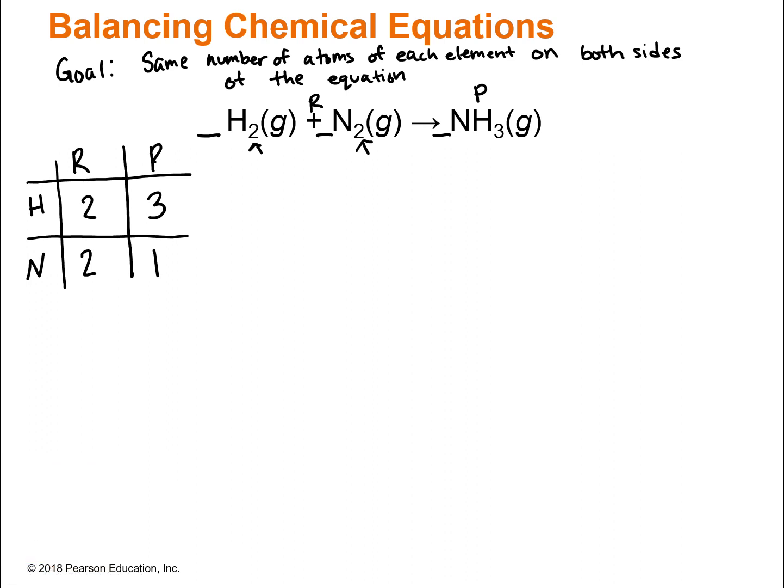We have to use the lowest common denominators so that we can multiply and get the same number of atoms on each side. So the lowest common denominator between 2 and 3 is going to be 6. That's the smallest number that you can use and say, okay, 6 divided by 2 is 3, 6 divided by 3 is 2. Smallest number that you can do that with.